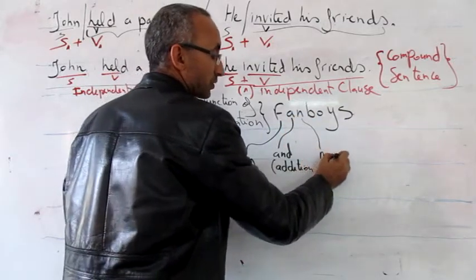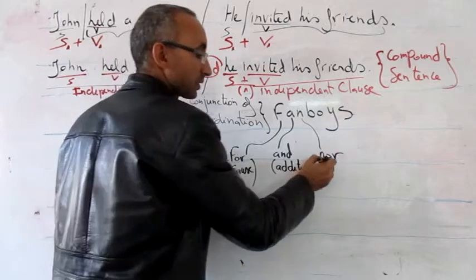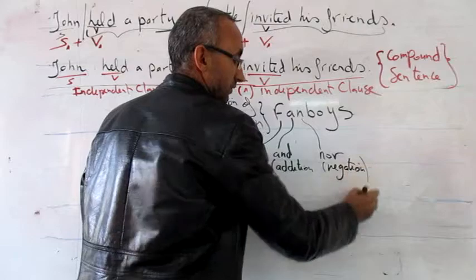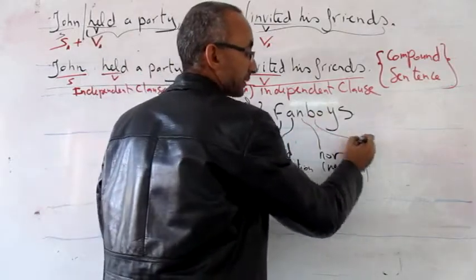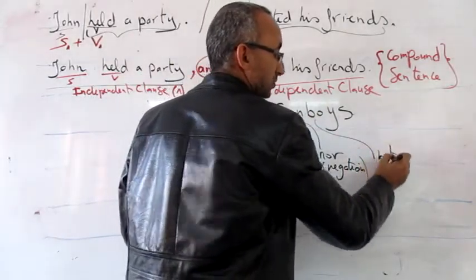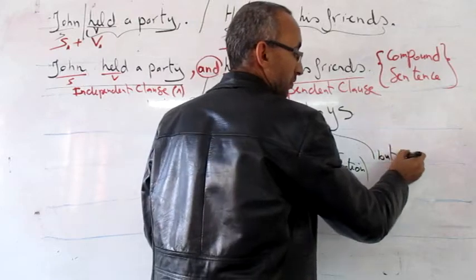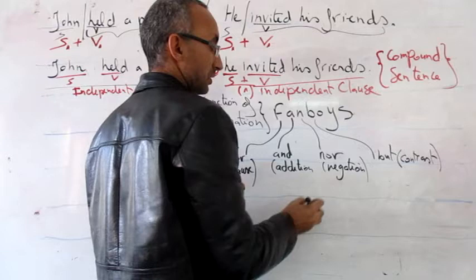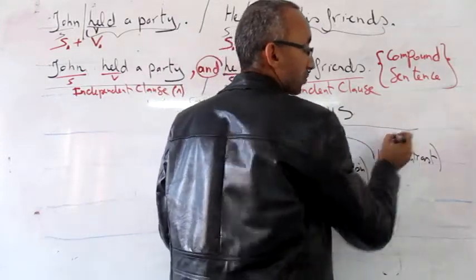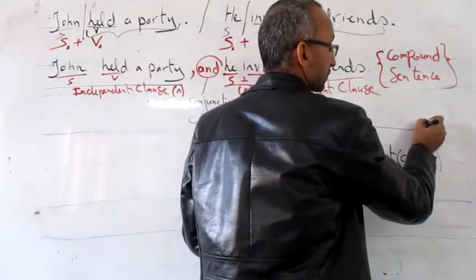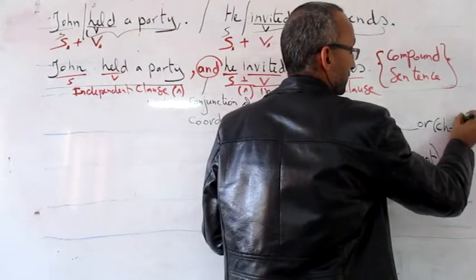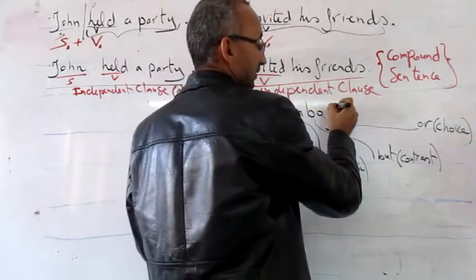N for nor, to express negation. B for but, to express contrast. O for or, to express choice.